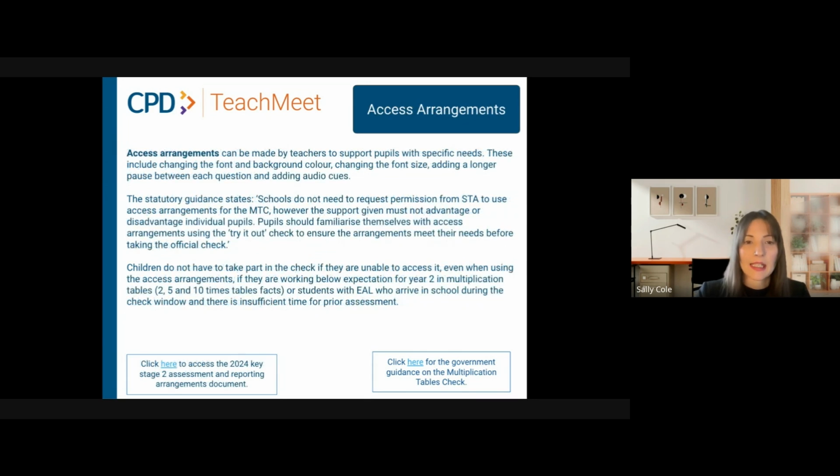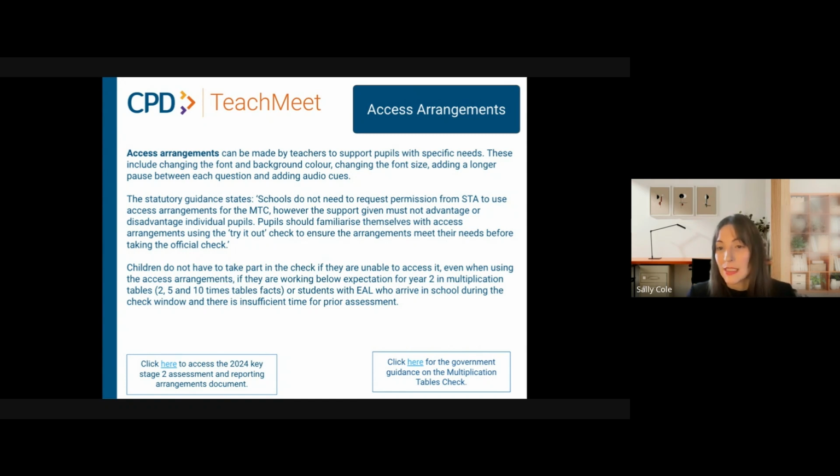So as I said, access arrangements can be made by teachers to support pupils with specific needs. And there are various arrangements that you can make, including changing the font size, adding a longer pause, and changing the background colour. You can also add audio cues.